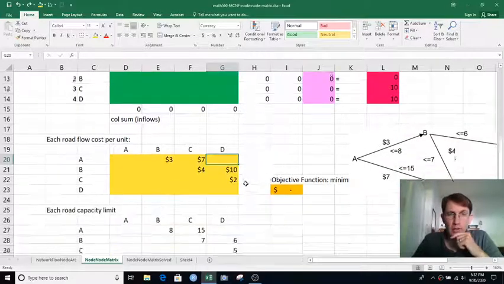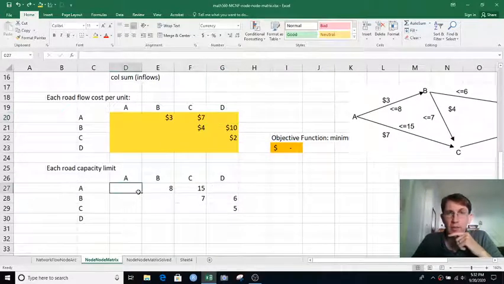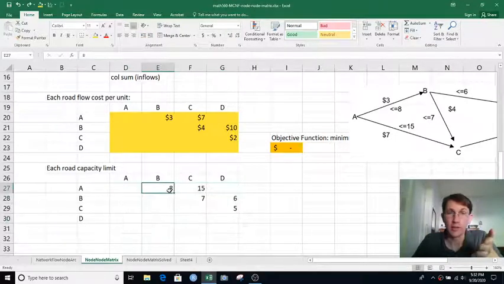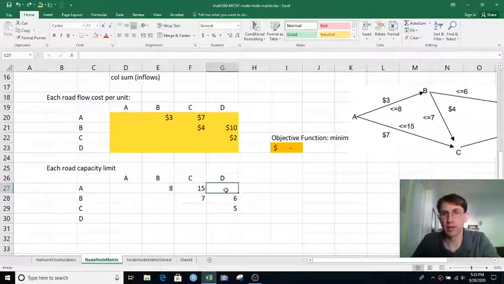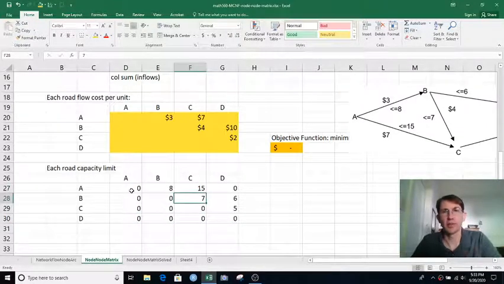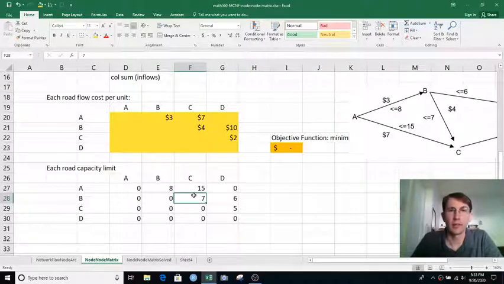A better way to do it is to say, well, I still need to do my road capacities, and I've got them entered here, but can I just say that the road capacity for flow from A to D is 0? And then similarly put a 0 in all these other places that are roads that don't actually exist, and then we'll just say, well, those are now limited to 0.